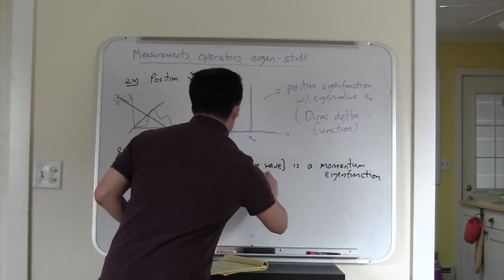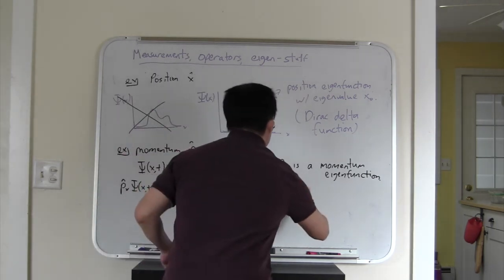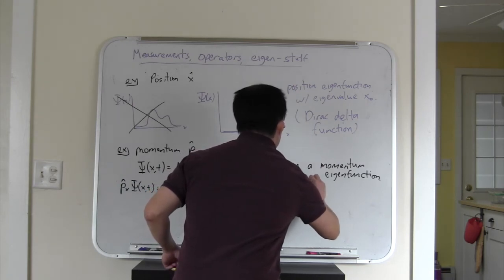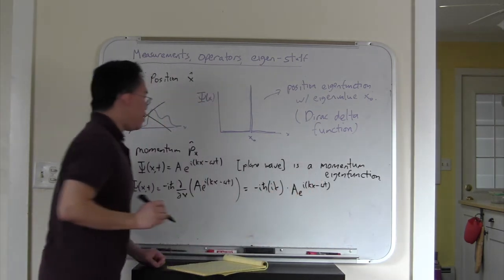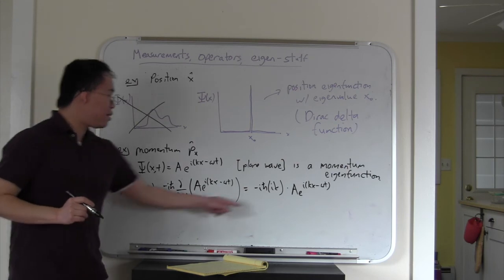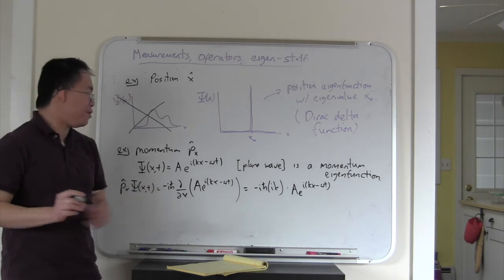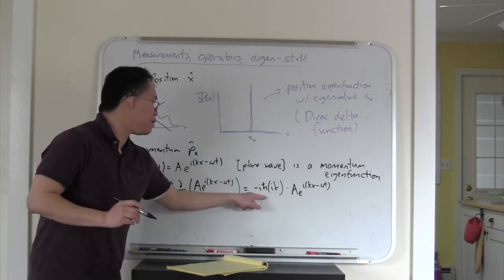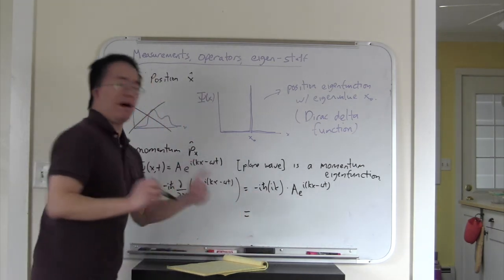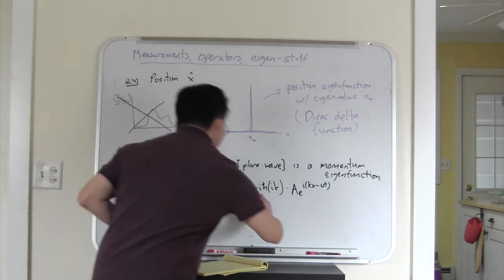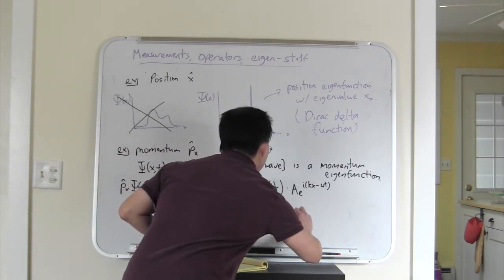And so it's minus i h bar times ik times the wave function. So you see, we get the function back, which is the definition of being an eigenfunction. And the eigenvalue is evidently this combination, minus i h bar times ik. But minus i times i is 1, and this is h bar k times psi of x, t.